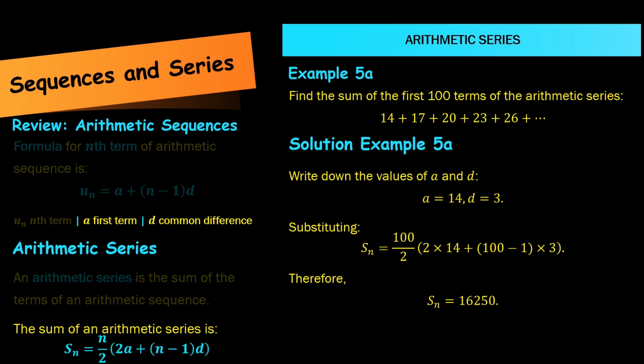And therefore we have that s subscript n equals 16,250. We've simply tidied up this formula, or carried out the calculation.